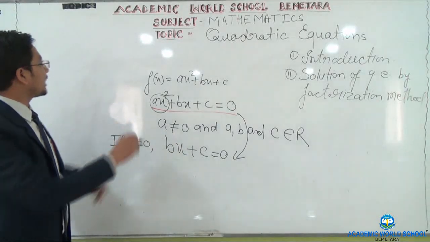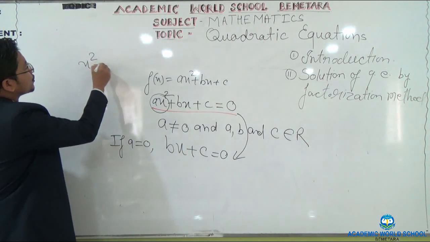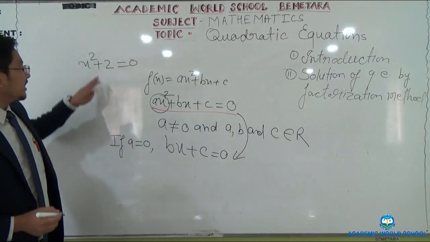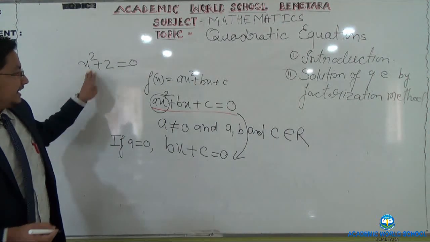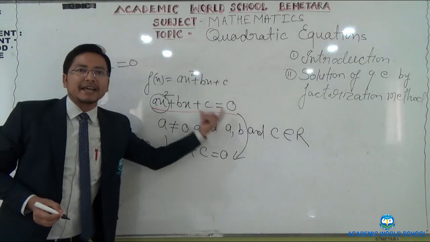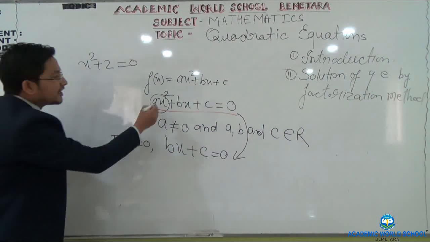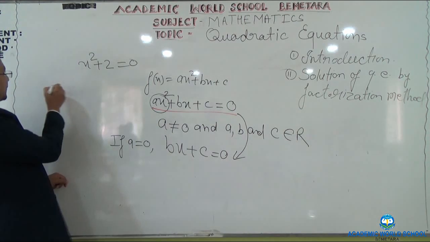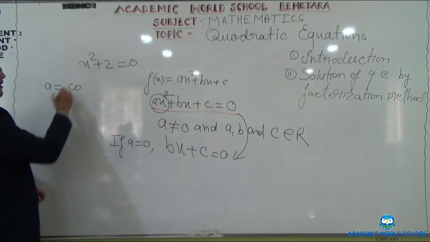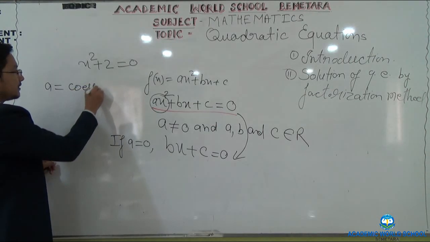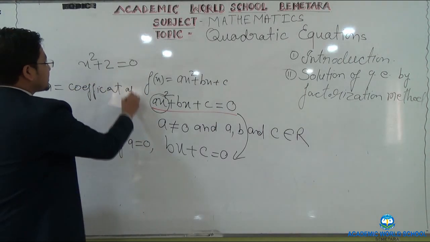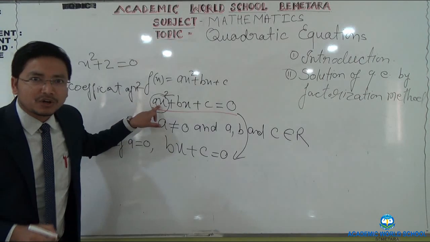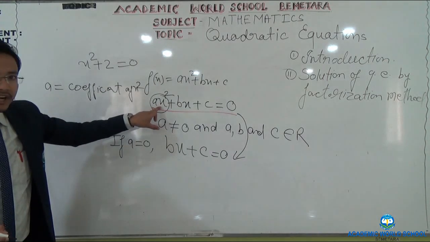So if I am going to write x square plus 2 is equal to 0, is this a quadratic equation? Let's arrange it in this particular manner. The coefficient of x square, this a, is also known as the quadratic coefficient.